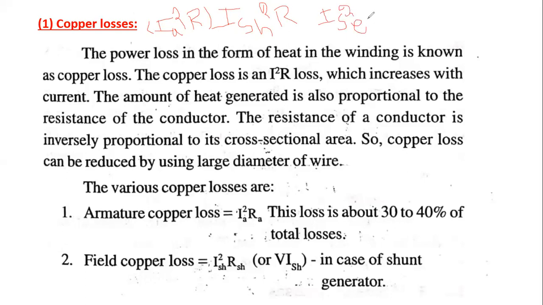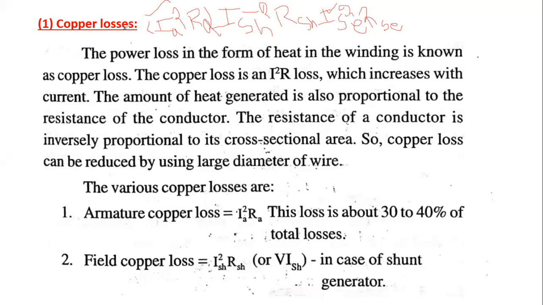Understand, series field copper losses means Isc square into Rsc, shunt field copper losses means Ish square into Rsh, and armature copper losses means Ia square into Ra. These are the various types of copper losses in a generator.